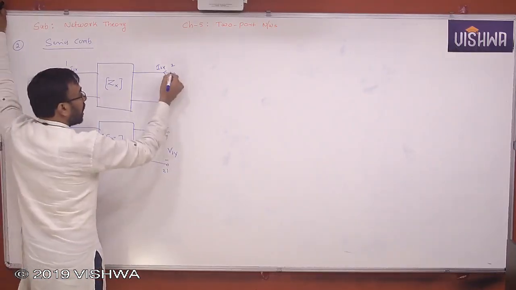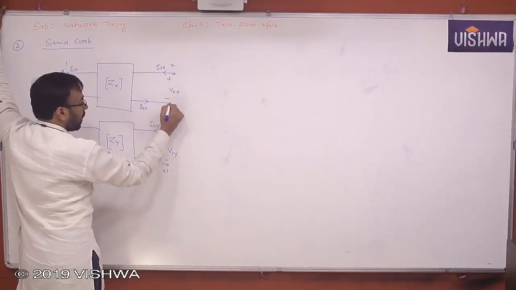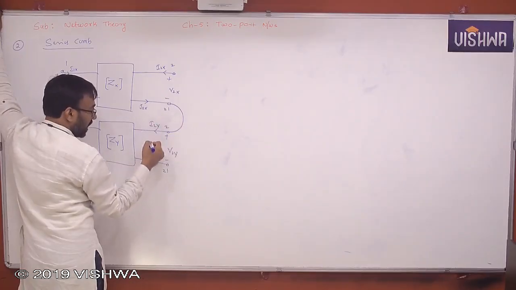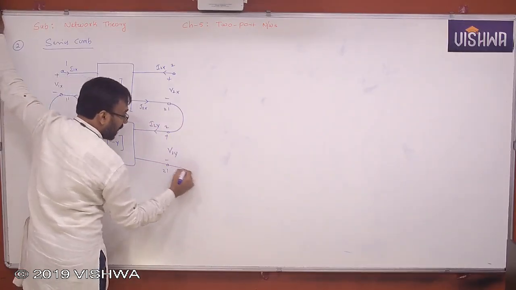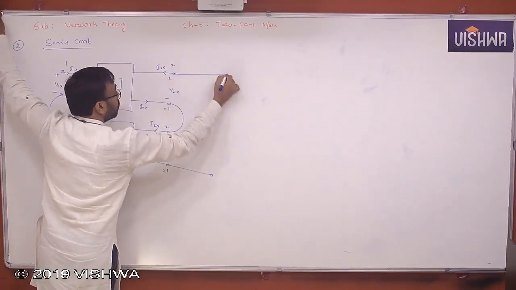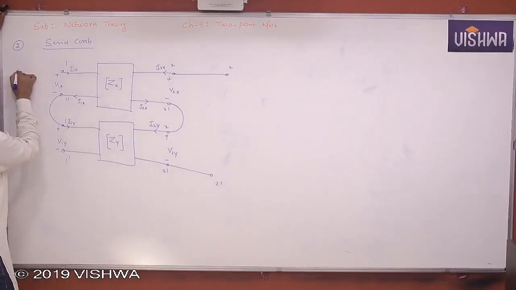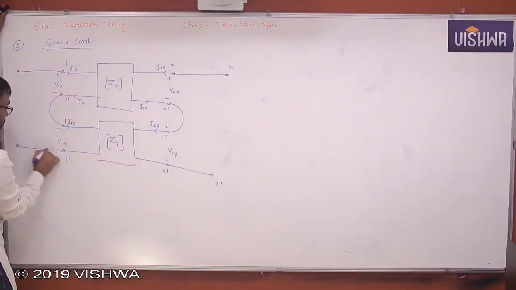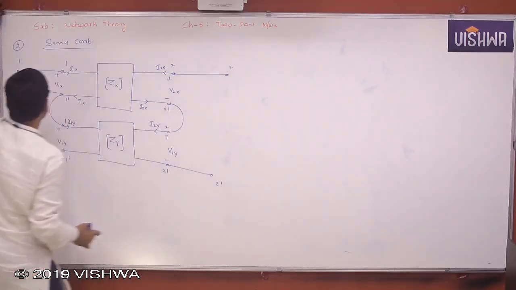Similarly, I2x, okay? And the same I2x you send here, then you will get the same I2x outside. So finally, these are the two pairs of terminals. This is 1, 1 dash, and this is 2, 2 dash.